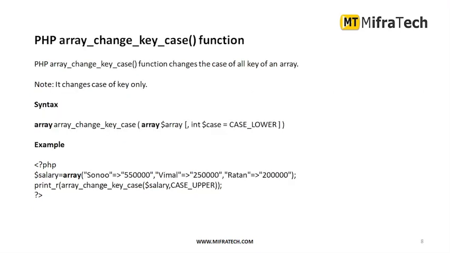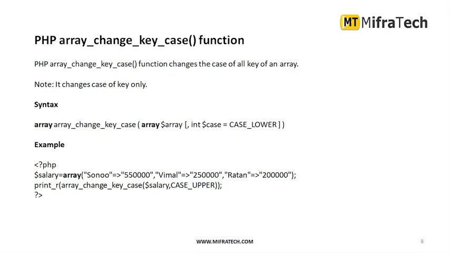PHP array_change_key_case function. The PHP array_change_key_case function changes the case of all keys of an array. Let's see the syntax, and then we go to the example. array_change_key_case, array, the variable name, with the case as CASE_LOWER.